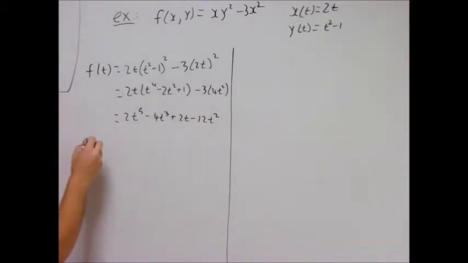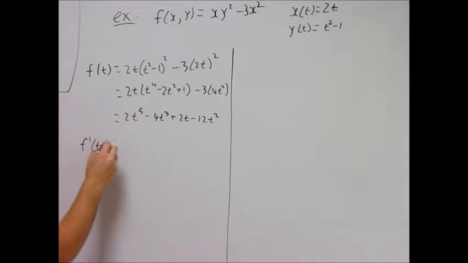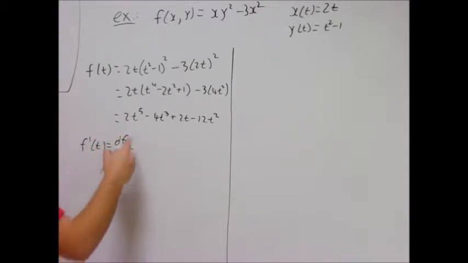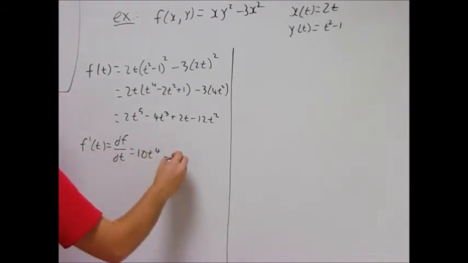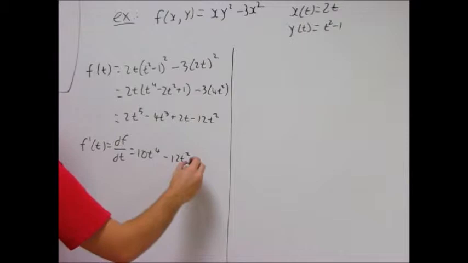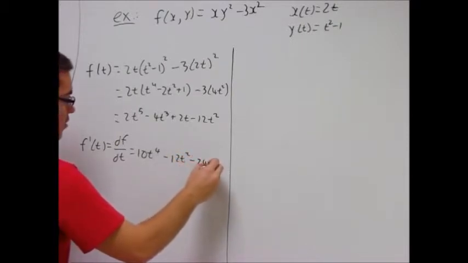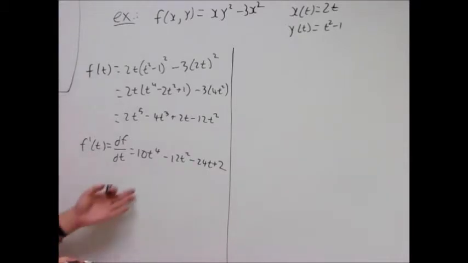So f prime of t, the derivative with respect to t, would be 10t to the fourth minus 12t squared, minus 24t plus 2. So that's the derivative if we directly substitute it.